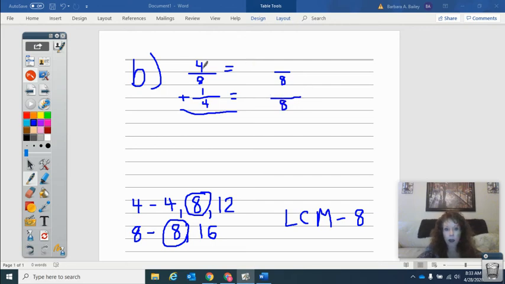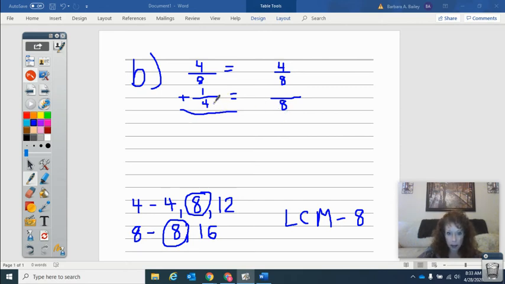Okay. So here I have 4/8 and I have something over 8. Well, it's going to stay the same. 4/8 is equal to 4/8. So that one was easy. Here I have a 4 and here I have an 8. So I have to ask myself, 4 times what number is 8?